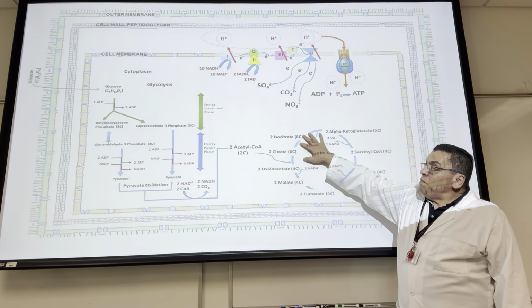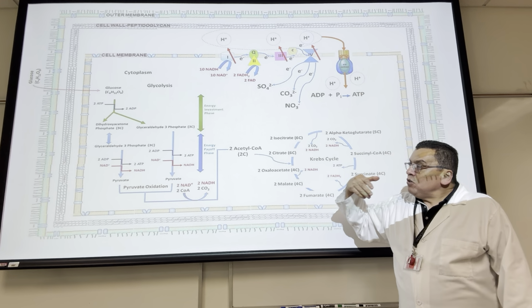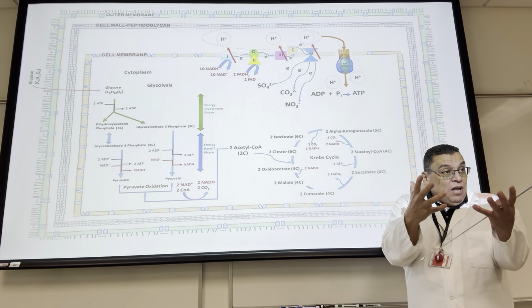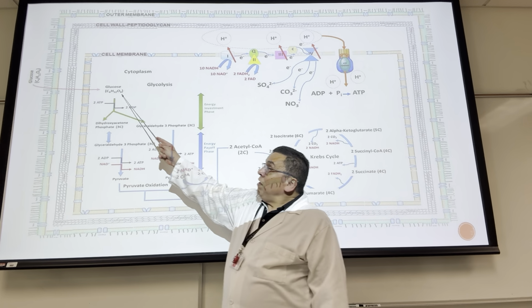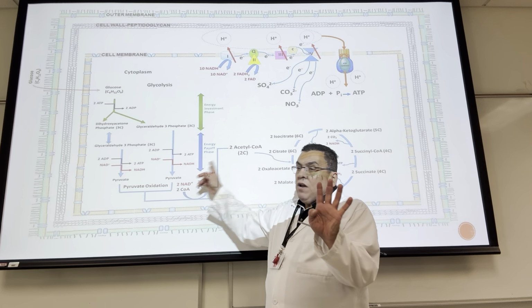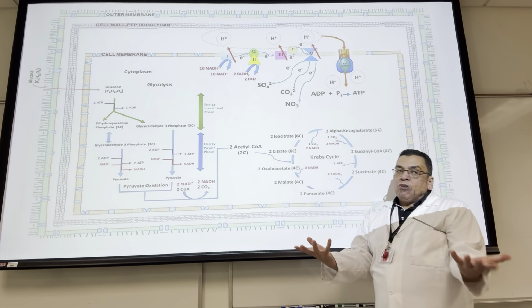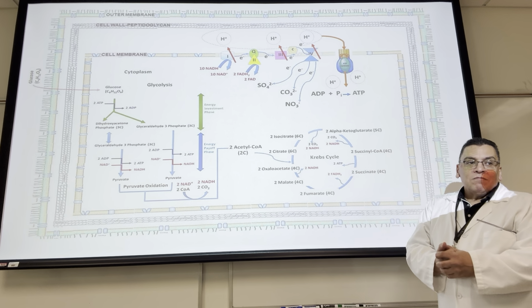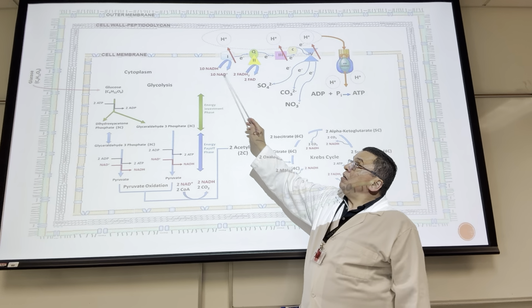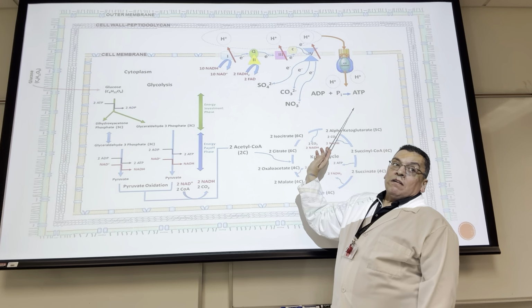By the time this Krebs cycle is over, there's no more pyruvate, no more acetyl-CoA. All the energy that you started out with is either in the 4 ATPs that you made here and here, or in the trucks. Now you have to use the energy in the trucks to make ATP.